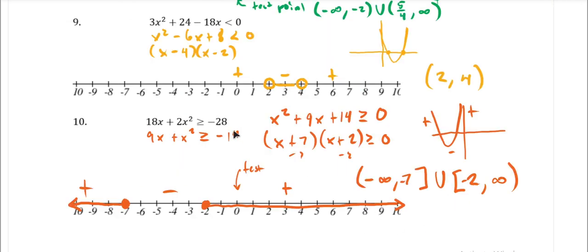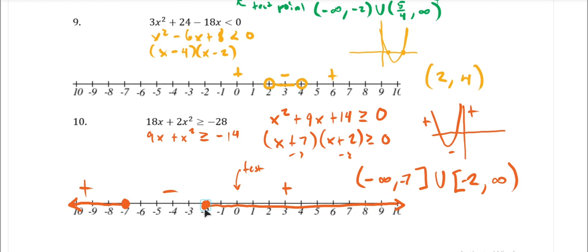For this next one, the first thing I would do is get rid of the common factor of 2 that's in everything, and then I would shift these all to one side to set it equal to 0. Factoring, we get the following two factors, which tell me that we need to look at the endpoints of -7 and -2. So it's an inclusive inequality, so we could just go ahead and shade those in with filled in circles.